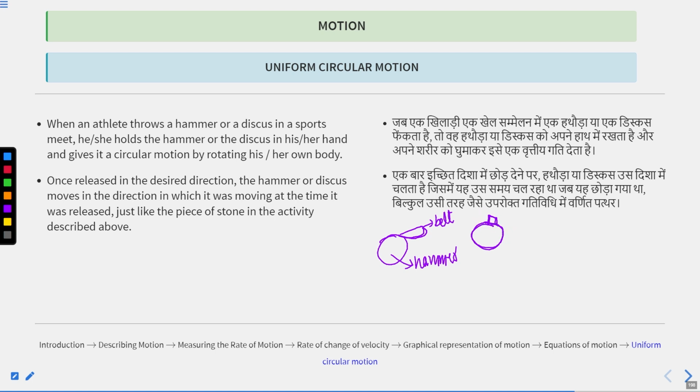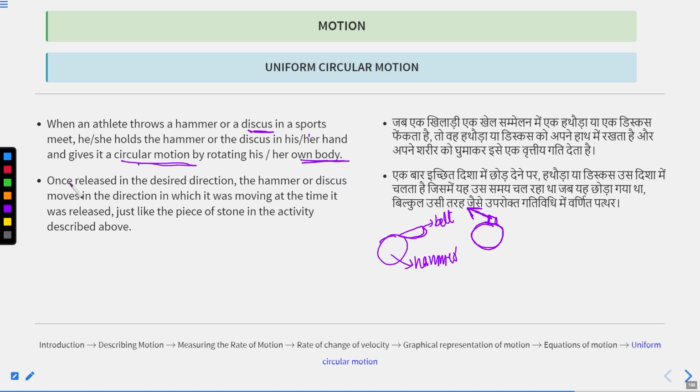When you release it, it will move in the direction where it gets released. So when an athlete throws a hammer or discus in a sports meet, she holds the hammer or discus in her hand and gives it a circular motion by rotating her own body.